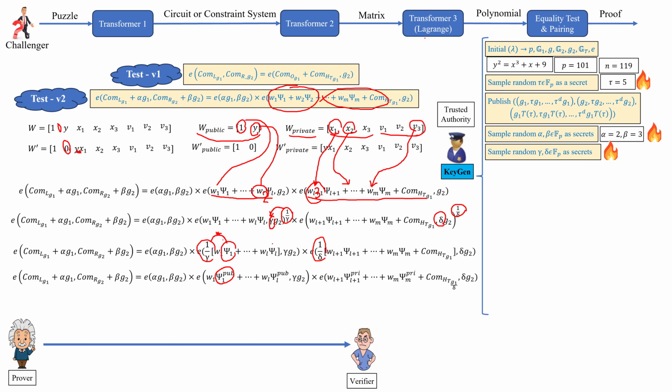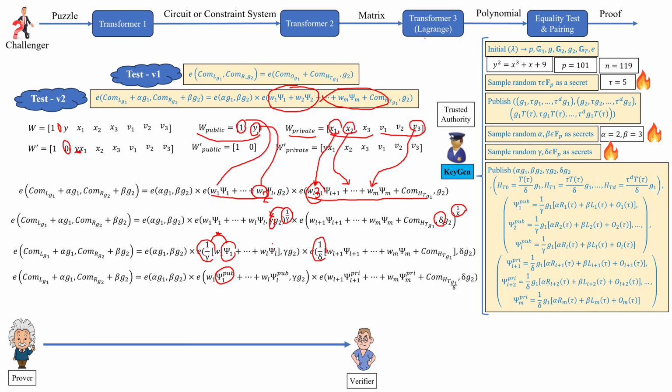So 1 over gamma multiplied by psi 1 equals psi 1 public. Psi 2 public is also computed by the trusted authority. So these values are already computed by the trusted authority.